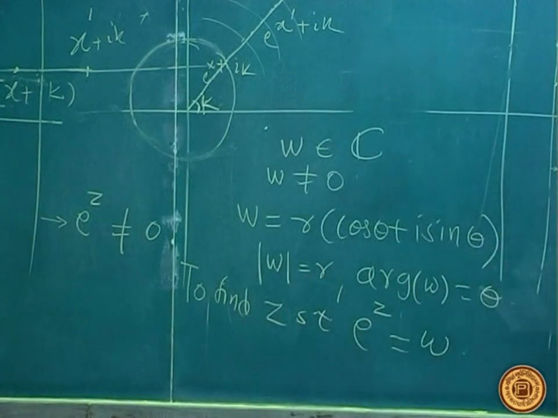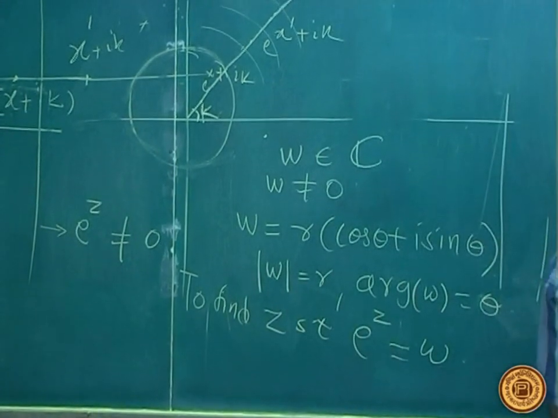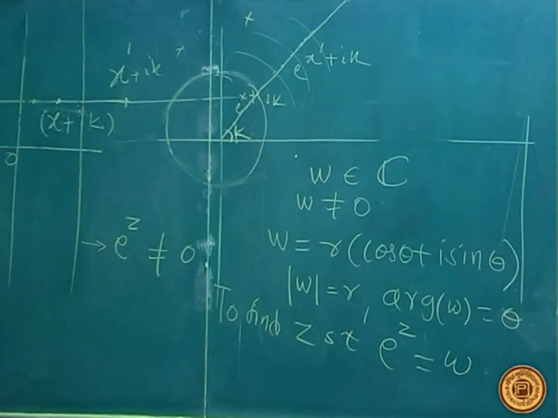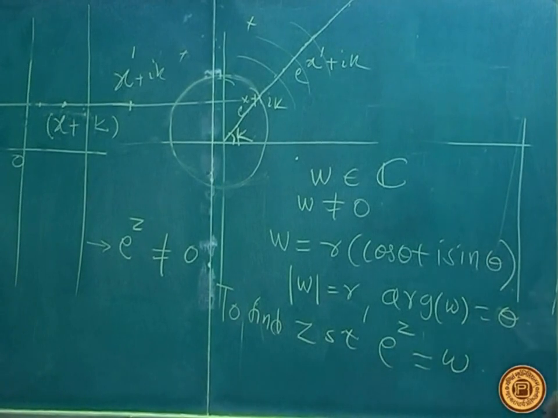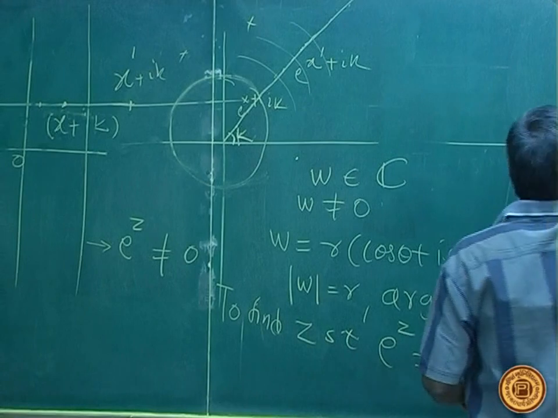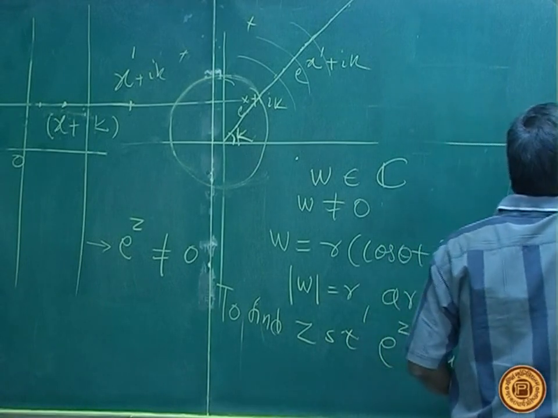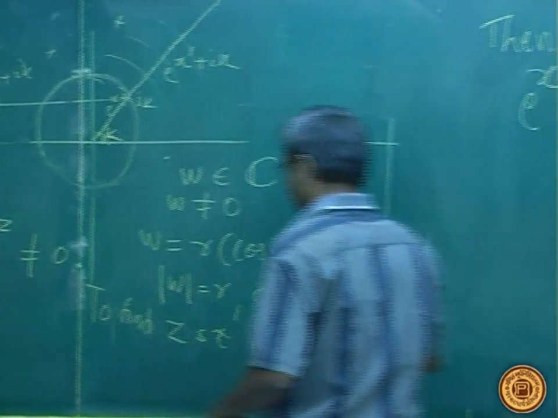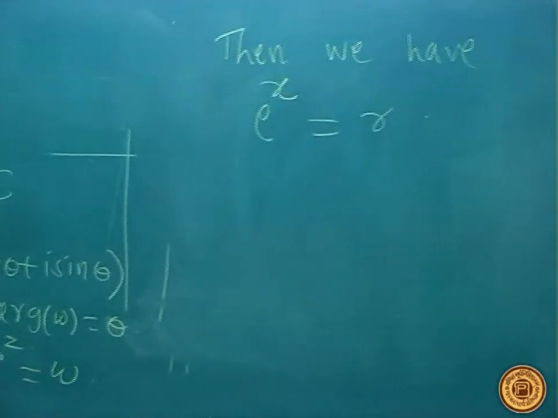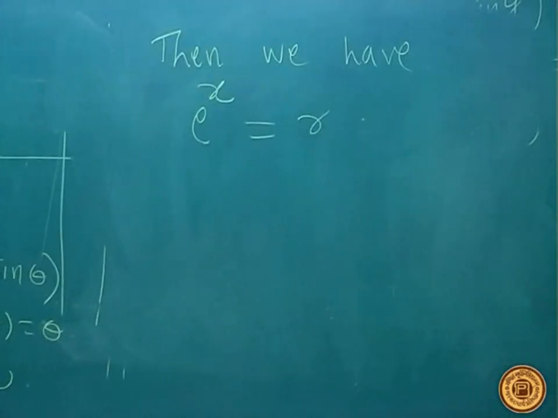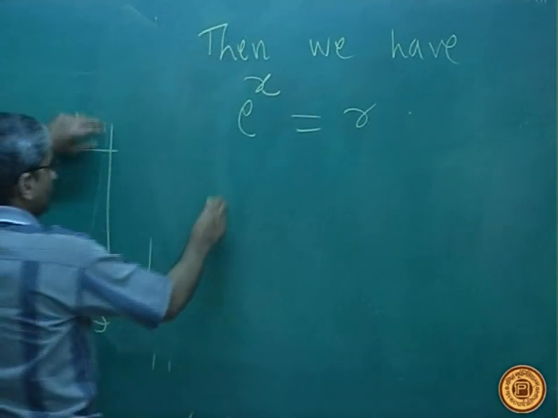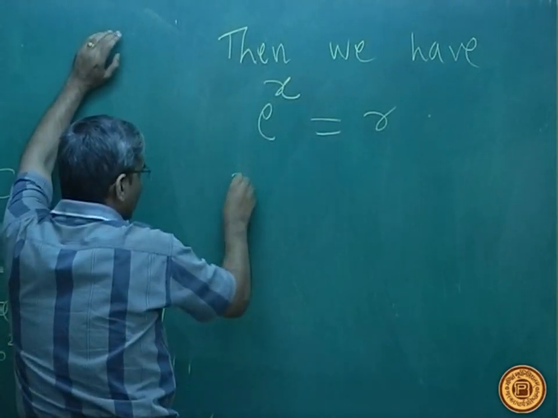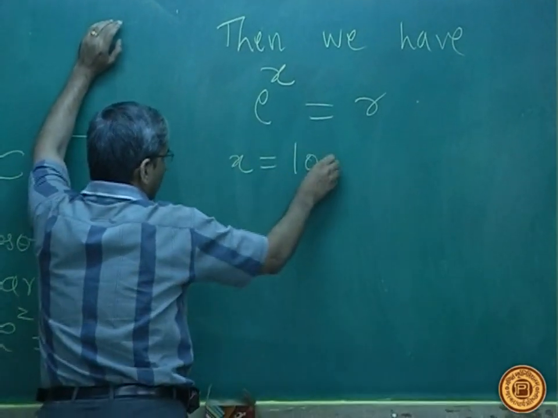So we must have e to the power z equal to e to the power x equal to r. So what x I must take? So x I must take as log r.